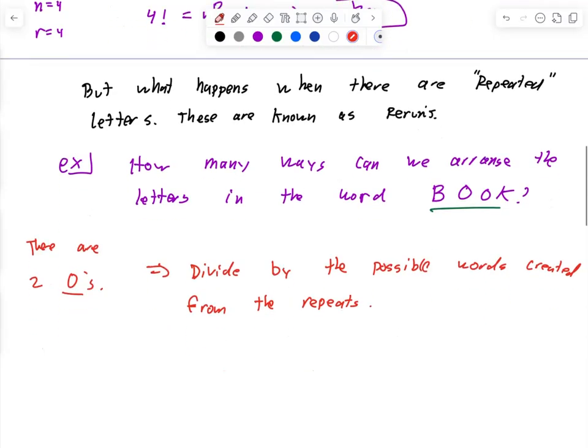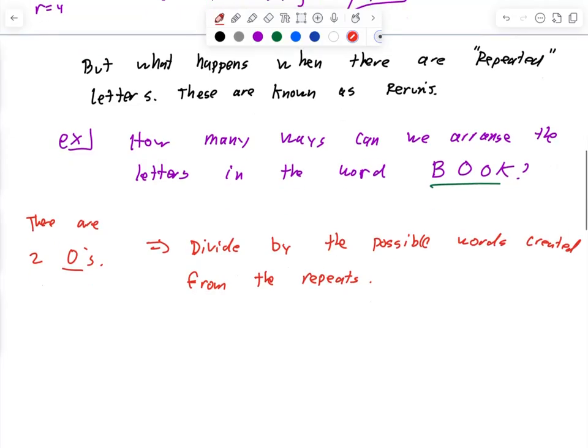Which in this case would be what? How many different possibilities are there for the two letters to be repeated? Two. If I have two letters and I'm choosing the two letters, it's 2 factorial.